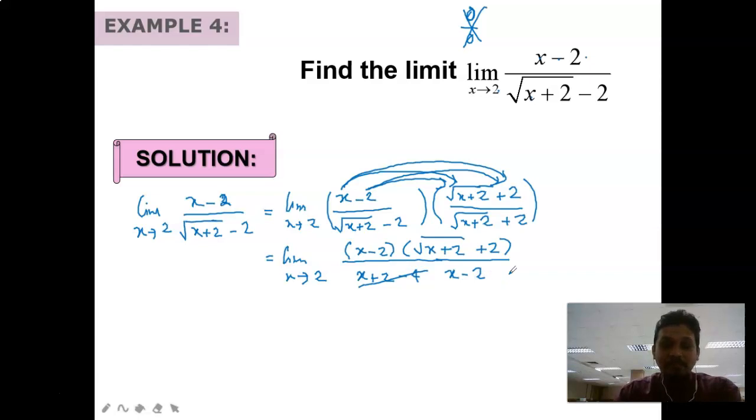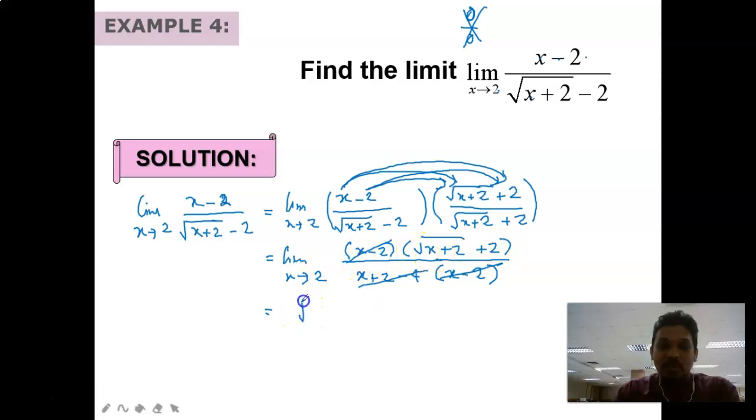Okay. Now let's try. We substitute the value of x equals 2 here. Okay, before that, we got x minus 2 here, and also x minus 2, so equal to 1. What we got here now is only square root of x plus 2 and plus 2. Substitute x with 2 here.